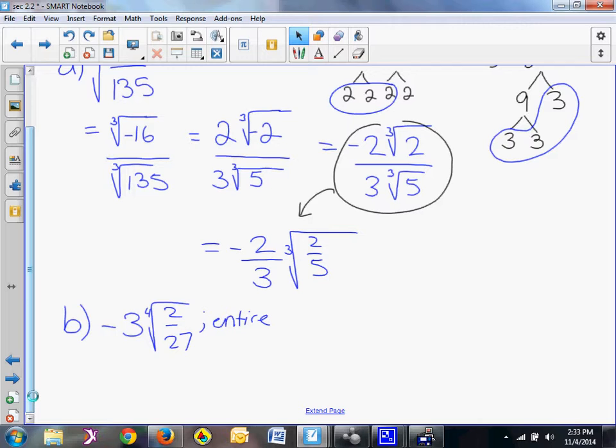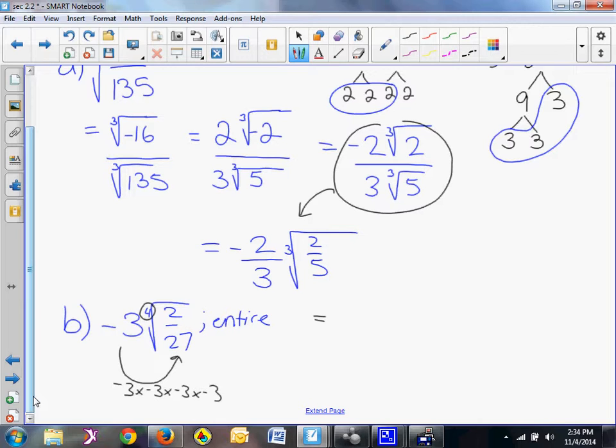So again, what that means is I'm going to put -3 back inside my radical. Because my index is 4, I need to multiply -3 times itself 4 times. When we're moving something onto the inside, and we have a fraction, that means we're going to multiply our -3 times the top number.